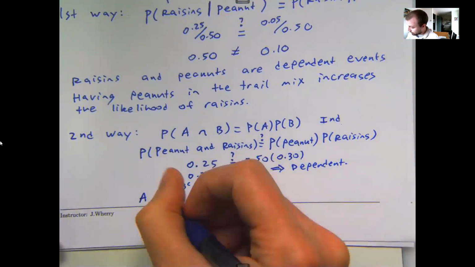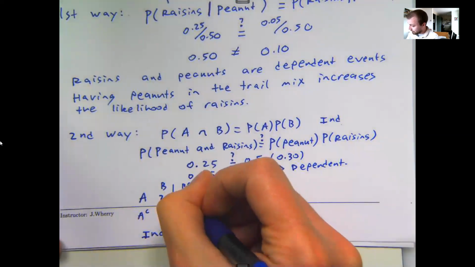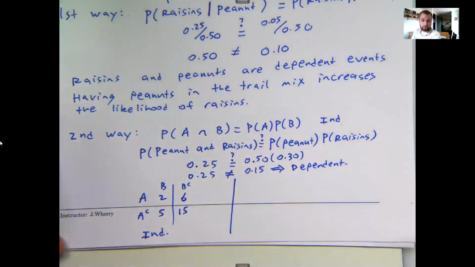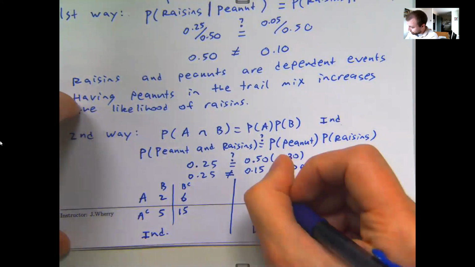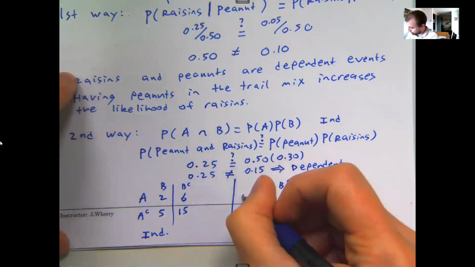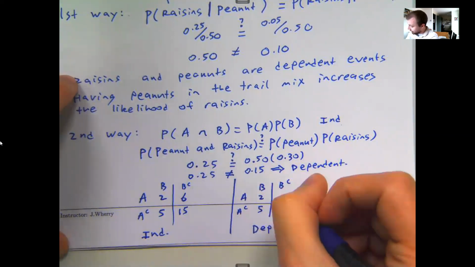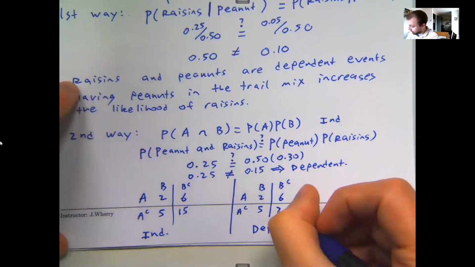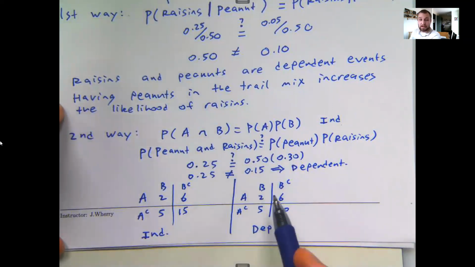And I'm going to have 2 and 5, and 6 and 15. The second one I'm going to make is going to be dependent. 2, 5, 6, 20.